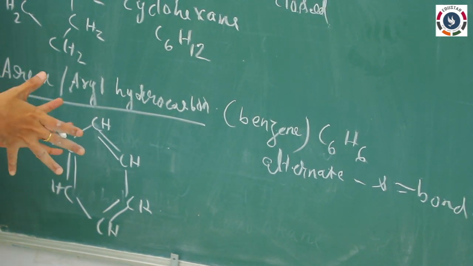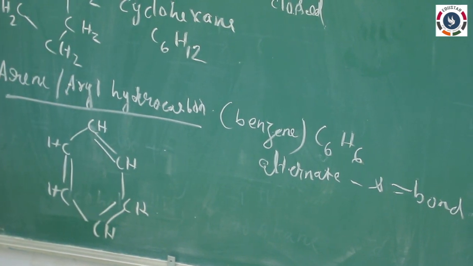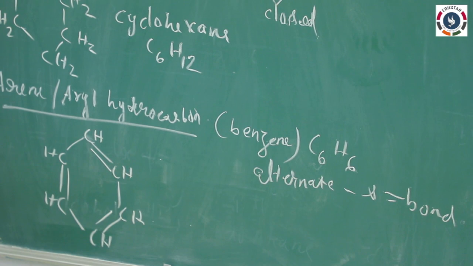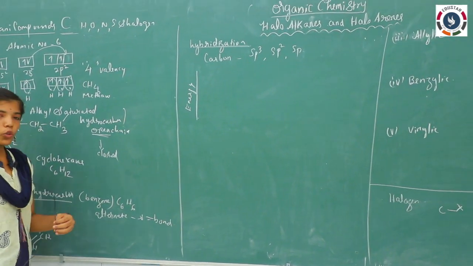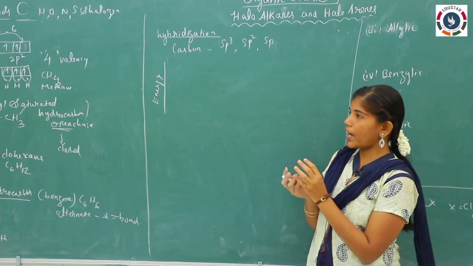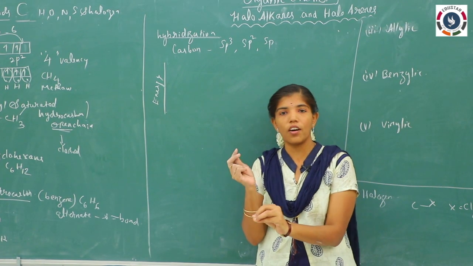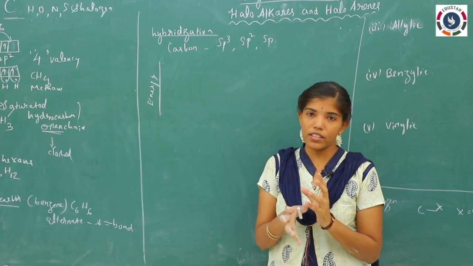Now, before going into the other classifications of hydrocarbons, I want to say something about hybridization. What is hybridization? Have you heard of a mule? That mule is a peculiar example of hybridization. If you take some genes of a horse and add some genes of a donkey, it will result in a mule.